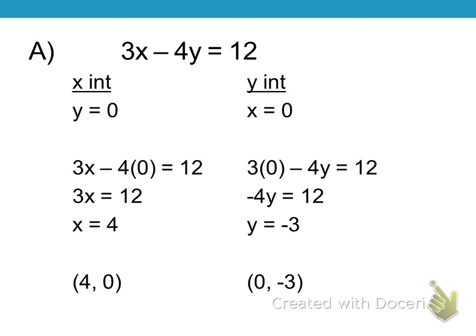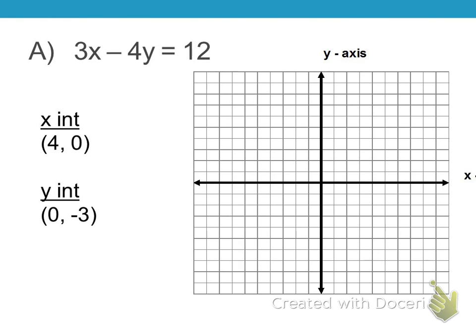All right, so on the x-axis, I want to graph 4, 0. On the y-axis, I want to graph 0, -3. Connect them, put arrows on the ends. What are your questions?